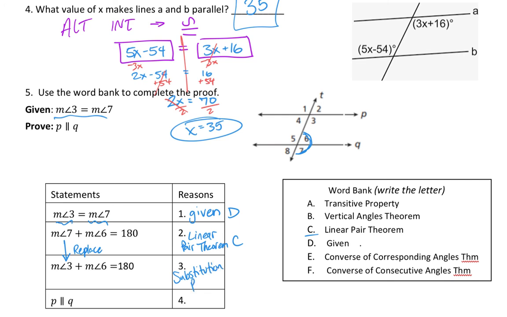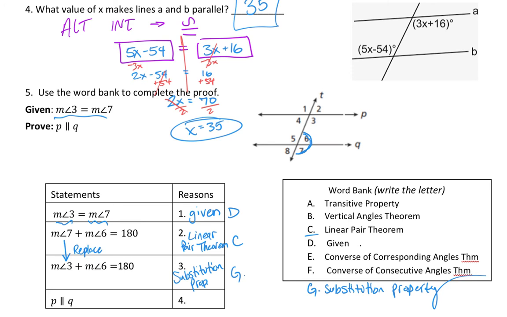That's where the mistake is. There's no substitution property on here, is there? So let's add a G, substitution property. Cool. And that means those two lines must be parallel.